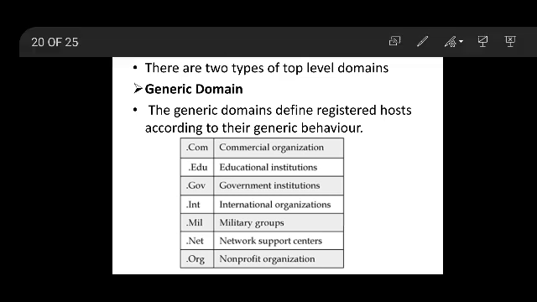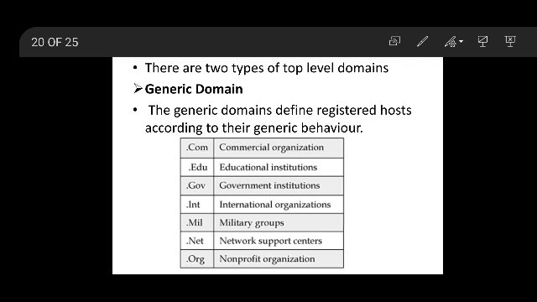Now .edu is an example for when I have started an educational institute, a school or something like that, and I want to have a website.